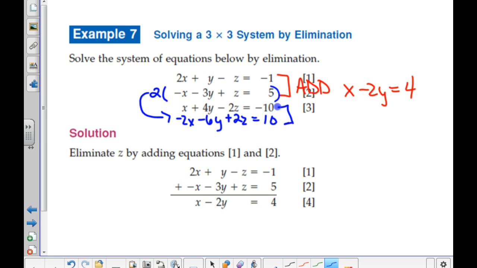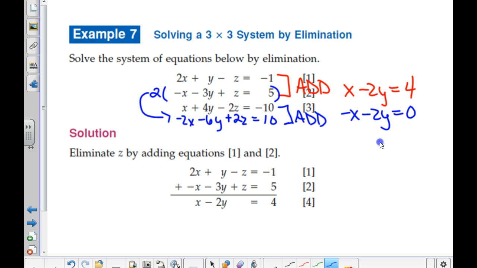And now if I add these 2 together, the z will also drop out and I'll have what? Equals 0, right? Did I do that right, guys? Add those together?